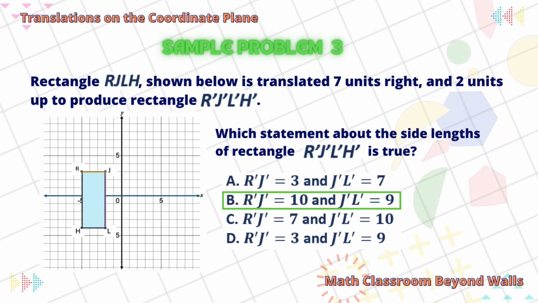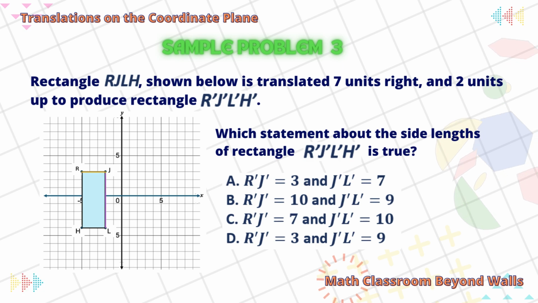Let us look at option B. The length of R prime J prime is 10, and the length of J prime L prime is 9. Is the statement about the side length of rectangle R prime J prime L prime H prime true? No, not true.